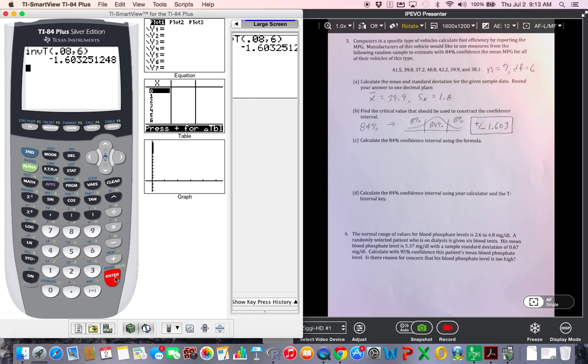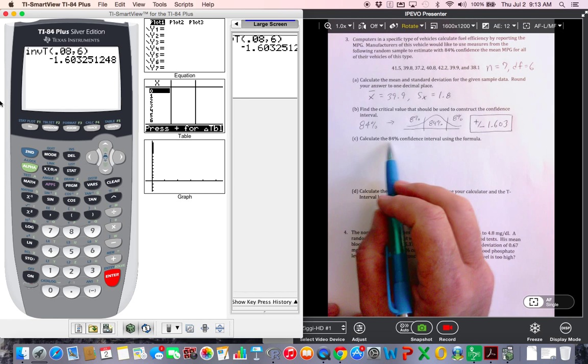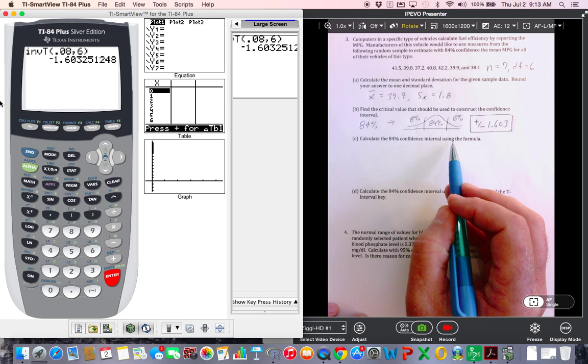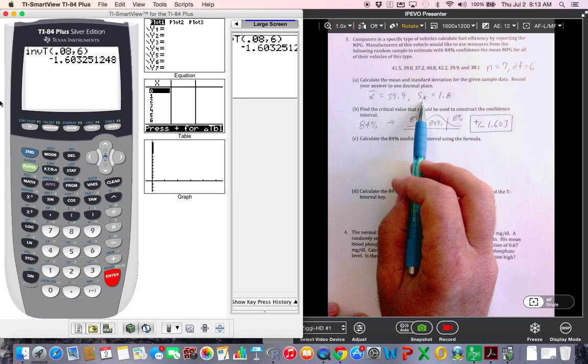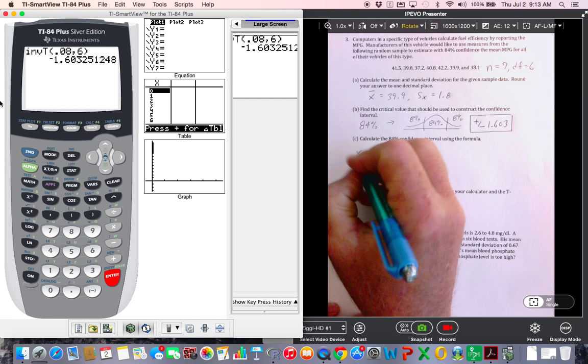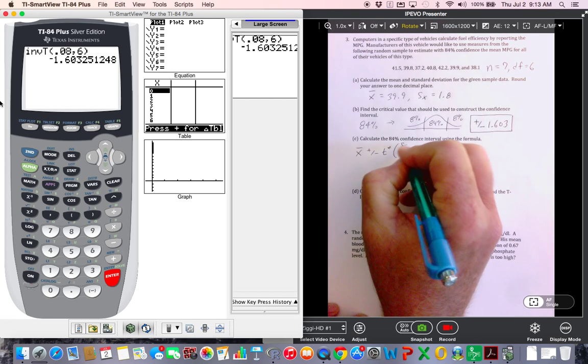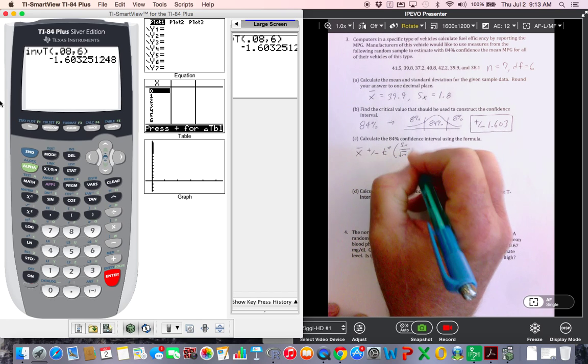Now the next thing says calculate the 84% confidence interval using the formula. So the 84% confidence interval here, we're using the t-distribution because the population standard deviation isn't known, and we have the sample standard deviation. So I'm going to use x bar plus or minus t critical times the standard deviation over the square root of n.